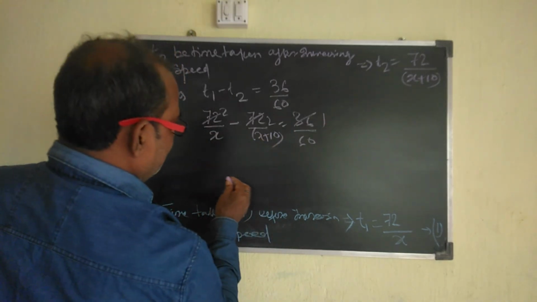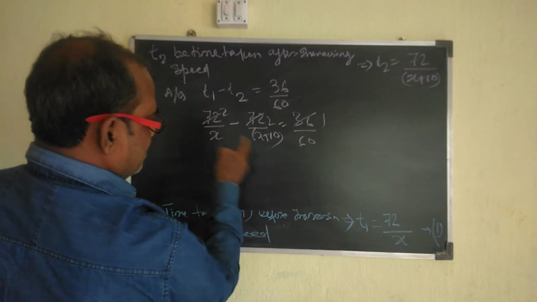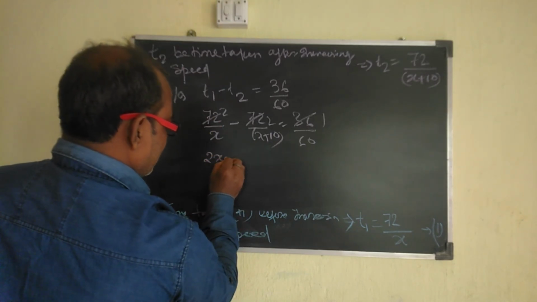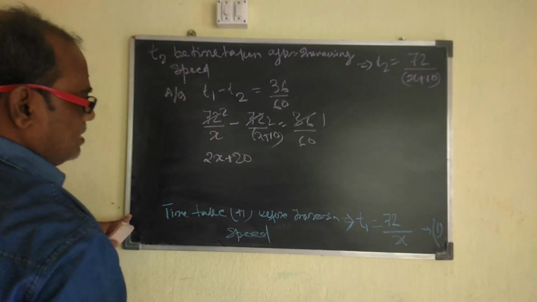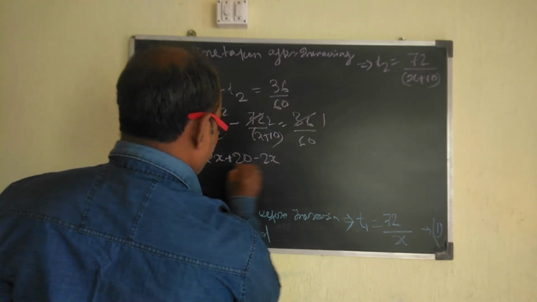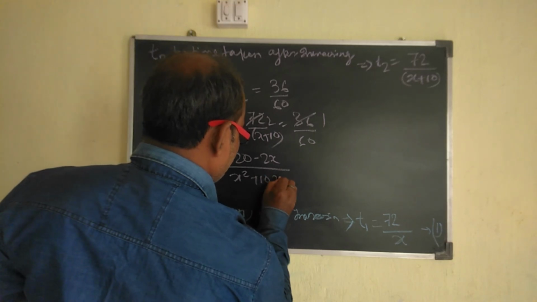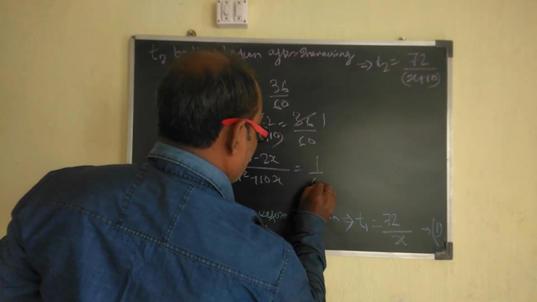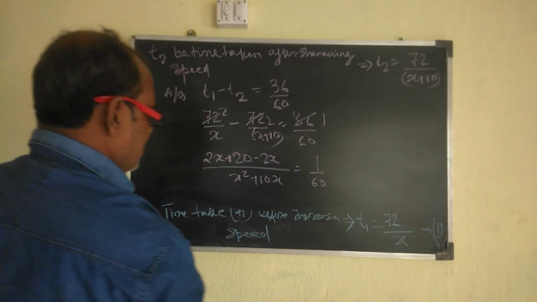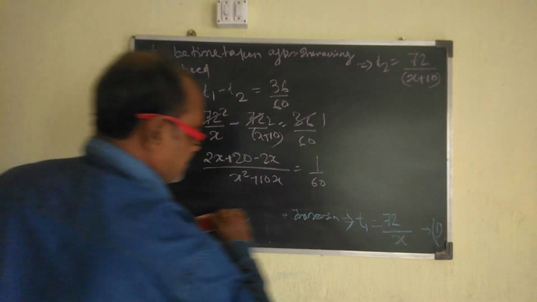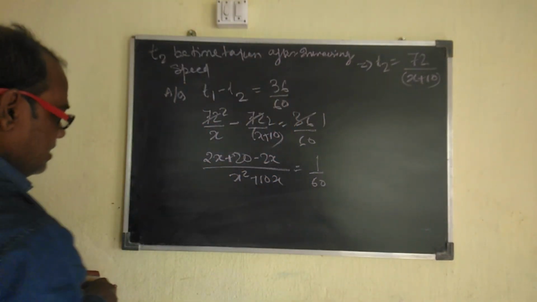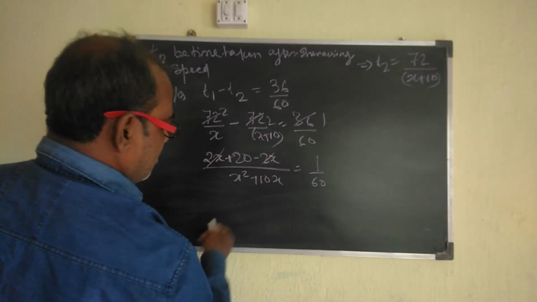From here we get 2x plus 20 minus 2x by x square plus 10x is equal to 1 by 60. So this gets cancelled off.